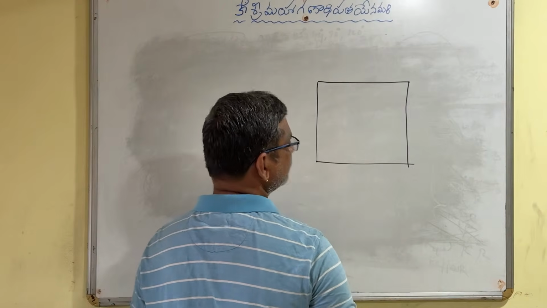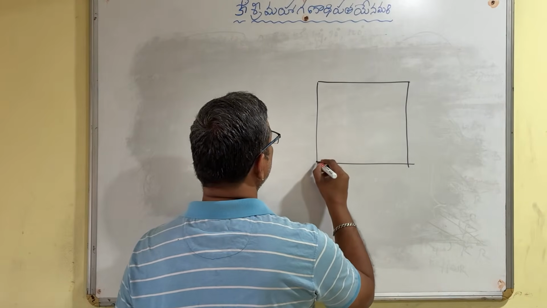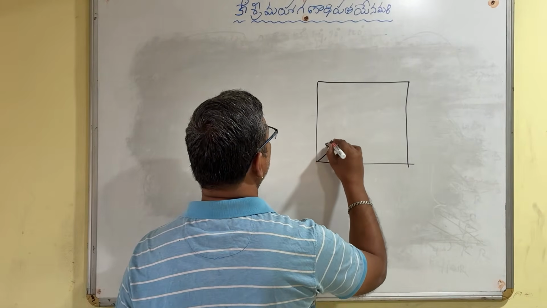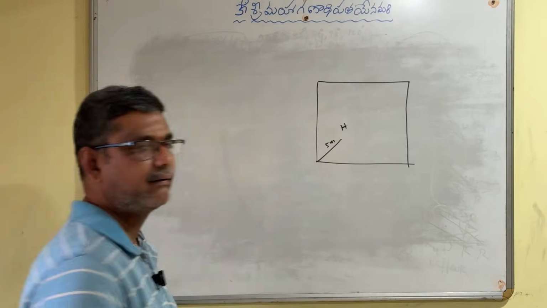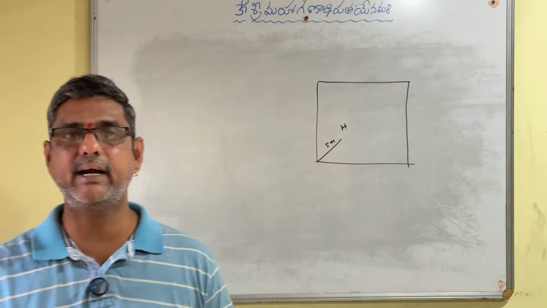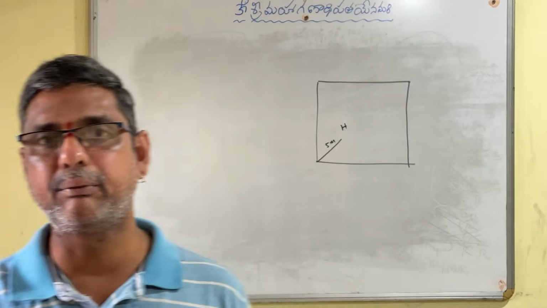There is a square shaped green grass field. At one corner of the field, a horse was tied with a 5 meters long rope.